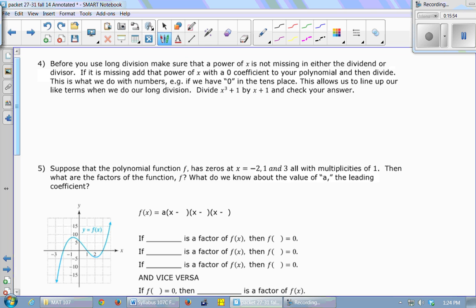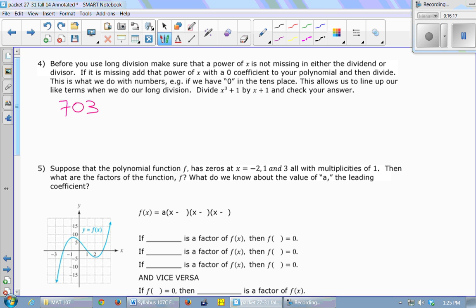Okay, so before you use long division, make sure that a power of x is not missing in either the dividend or the divisor. If it's missing, you have to add that power of x with a 0 coefficient. Like with real numbers, when I write 703, that means 700, 0 tens, and 3 ones.